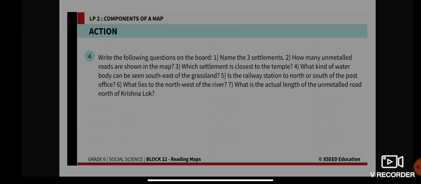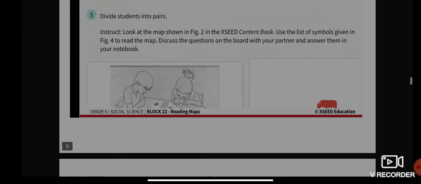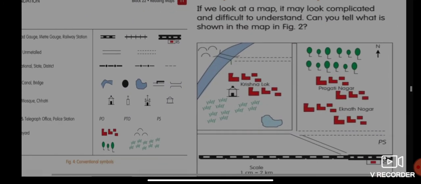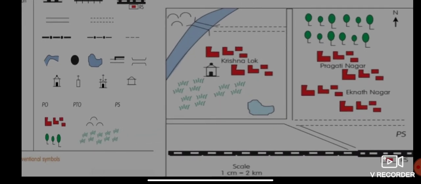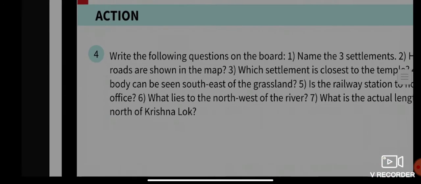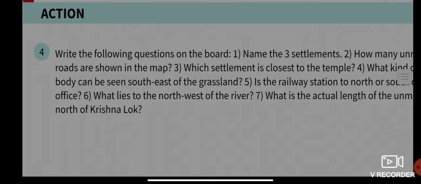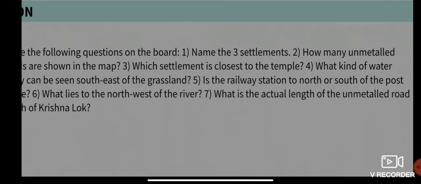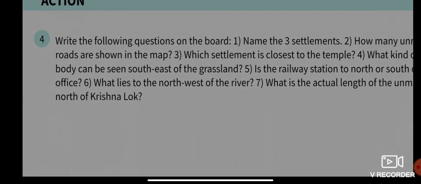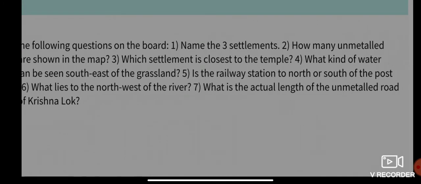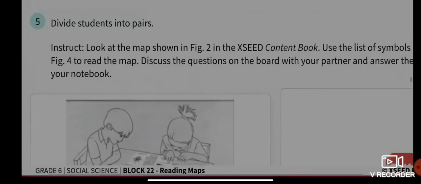You have to name the three settlements, how many unmetalled roads are shown in the map, which settlement is closest to the temple, what kind of water body can be seen in the southeast of grassland, is the railway station to the north or south of the post office, what lies to the northwest of the river, what is the actual length of the unmetalled road north of Krishna Lok.